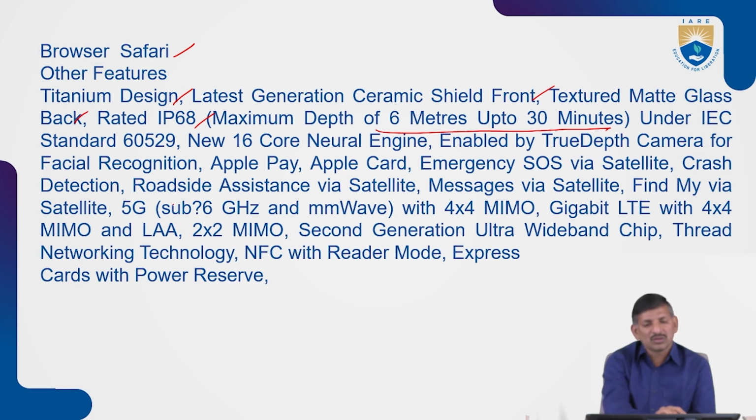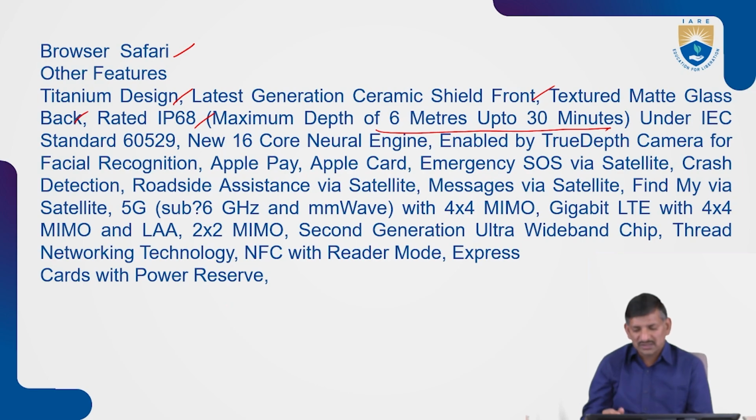Crash Detection, Roadside Assistance via satellite, Messages via satellite, Find My via satellite, 5G, sub-6 GHz or millimeter wave with 4x4 MIMO, Gigabit LTE with 4x4 MIMO and LAA 2x2 MIMO, second generation Ultra Wideband chip. It supports Thread networking technology, NFC with reader mode, Express Cards with power reserve mode.